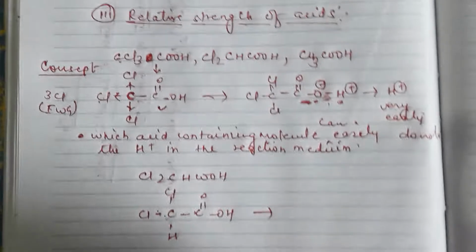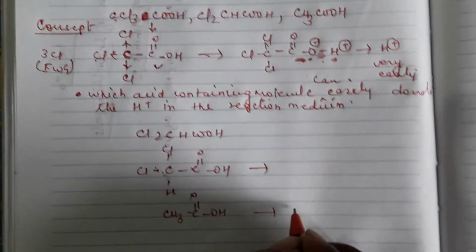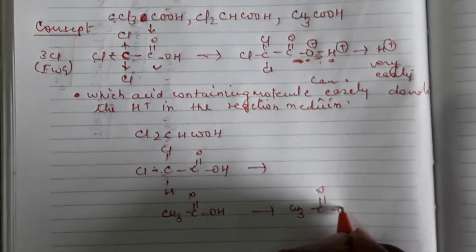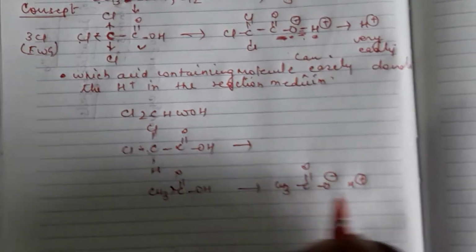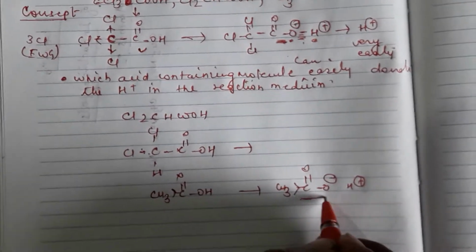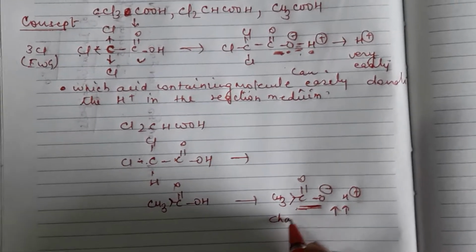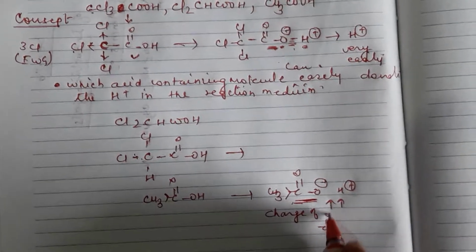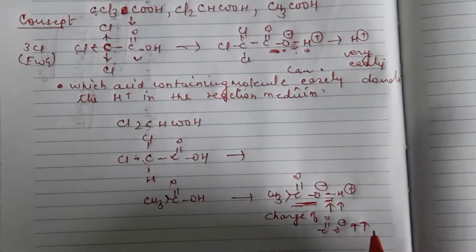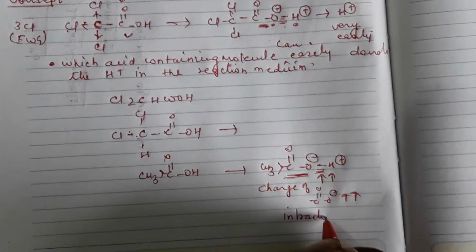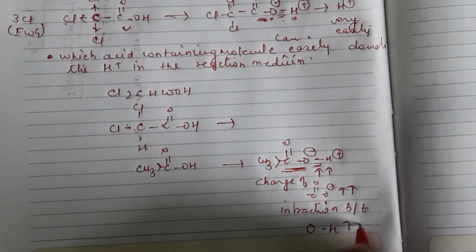But in the case of CH3COOH, CH3 is an electron releasing group, so it donates electrons to the carboxylate. That is why the charge on COO minus will be higher, and the interaction between hydrogen and oxygen will be higher.